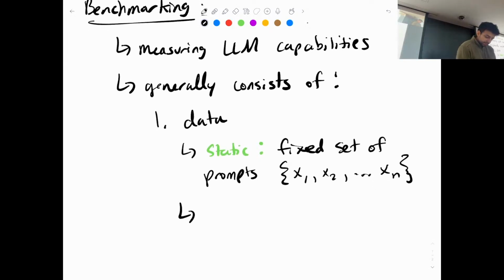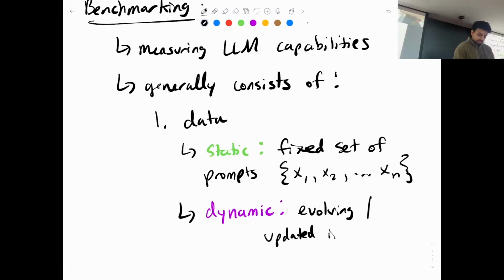This is in contrast to newer benchmarks, which are dynamic. Here, the benchmarks are evolving and have updated inputs. Probably the most prominent example of this is the Chatbot Arena or LM Arena, which we'll see later on in the class, where models are ranked by user preferences on data that users of the website are putting into the models.